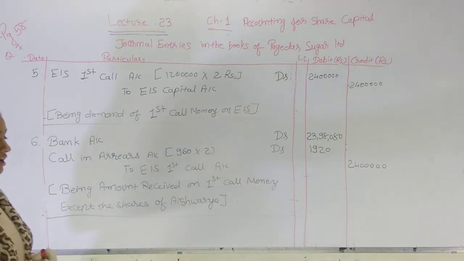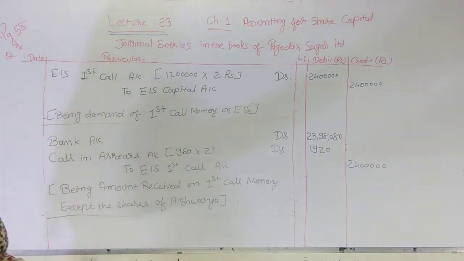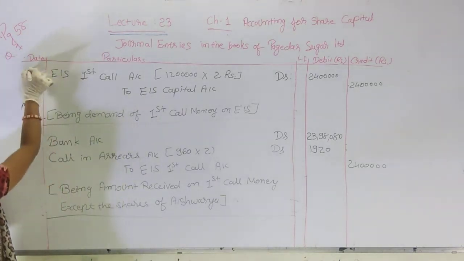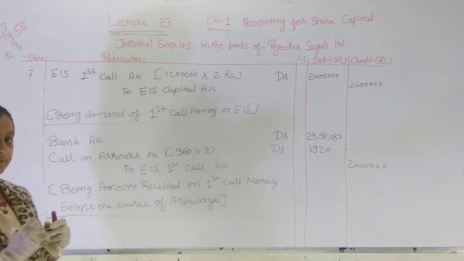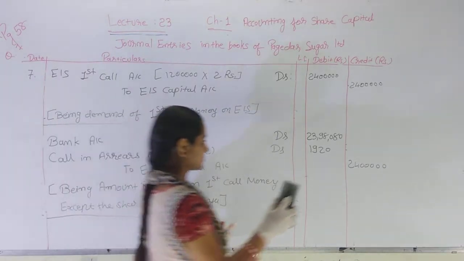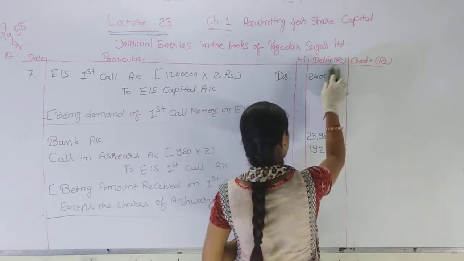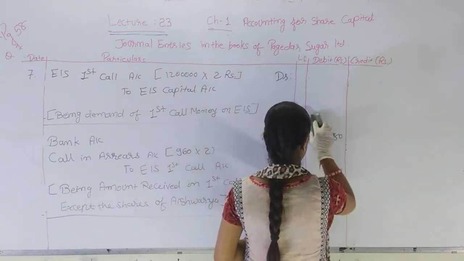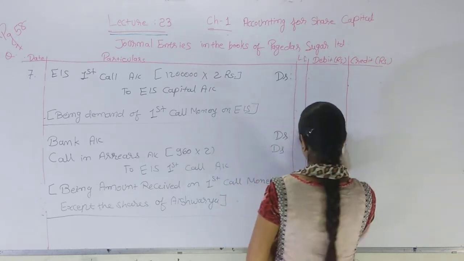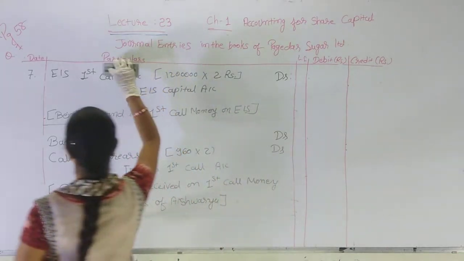Complete. Now, the transaction will be for 7th and 8th. 7th will be for demand and 8th will be for receiving, right? So, we have already discussed when we were discussing the format that the entry will remain same, only the word will be changed.